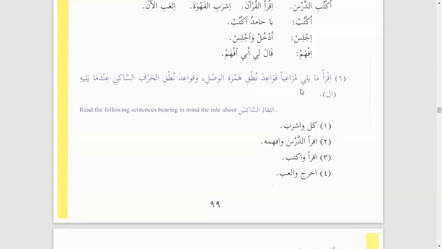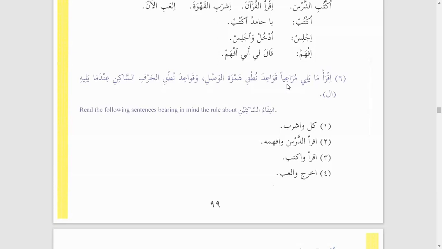Okay, iqra ma yali. Yali is also mudari, and we will talk about this one. So read what follows. Muraiyan is hal, taking care of. Qawaid, the rules.